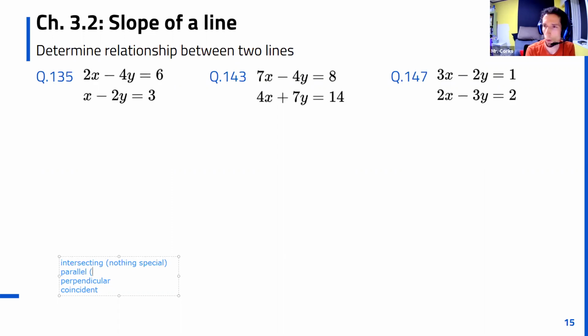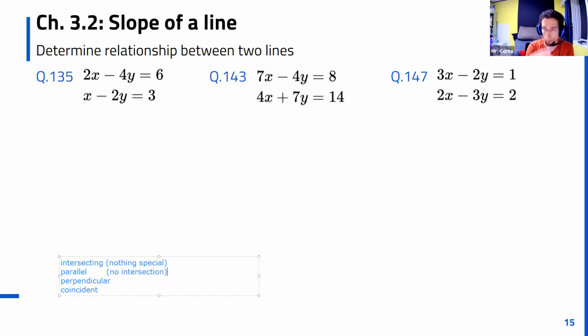Parallel means what exactly? What do we say about intersecting with parallel lines? Same slope. Okay, so let's write this out here. They don't have similar points, so no intersection.